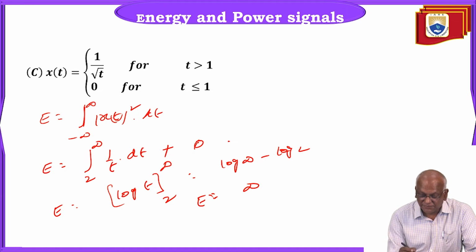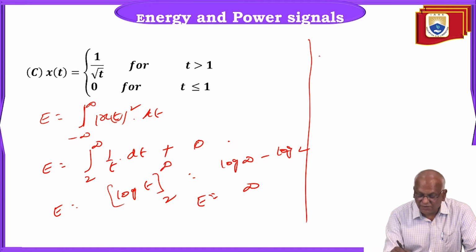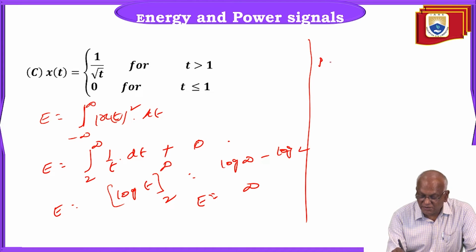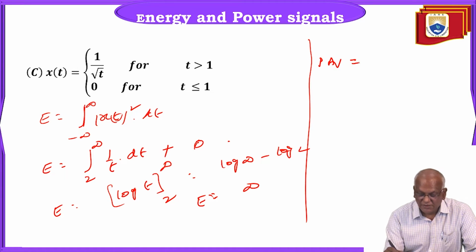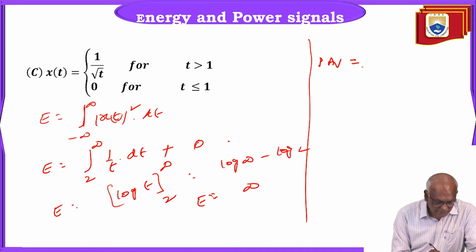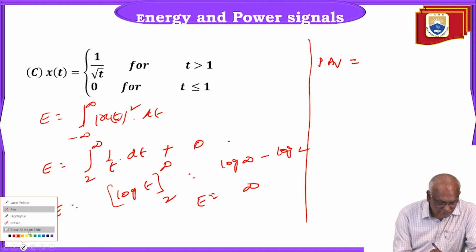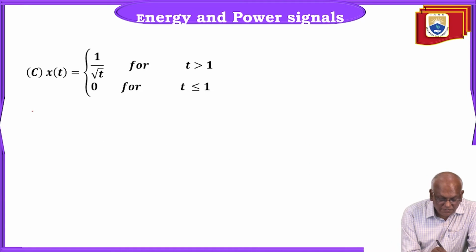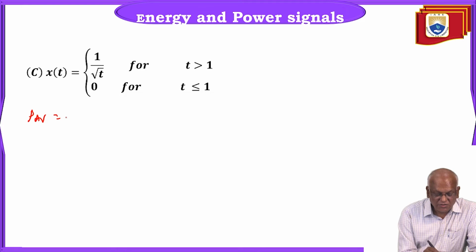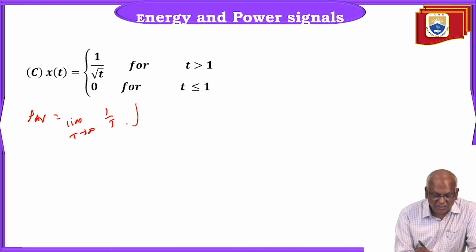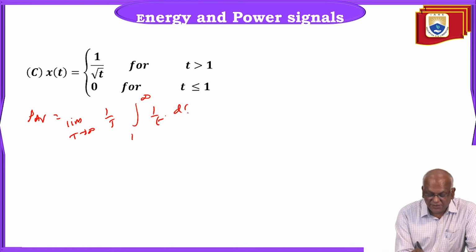Similarly, we find the average power. The average power, P average, is given by the limit t tends to infinity of 1 by t times the integral from 1 to infinity of x of t squared, which is 1 by t, into dt.